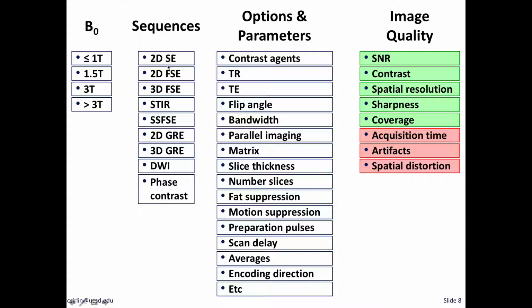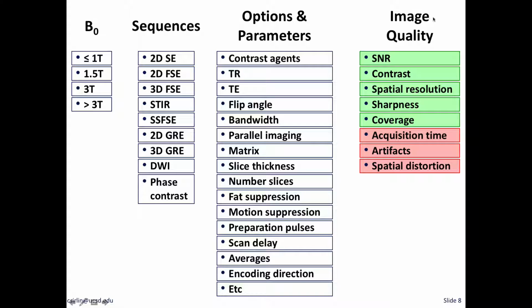For each one of these sequences, we might have multiple different options and parameters: the use of contrast agents, the repetition time, the echo time, the flip angle, the bandwidth, etc., etc. And the combination of these things results in image quality.